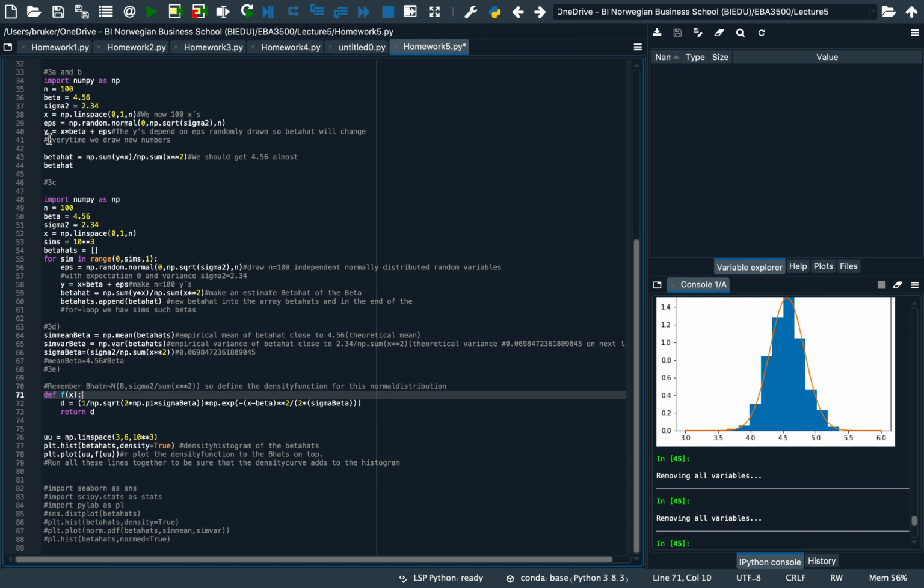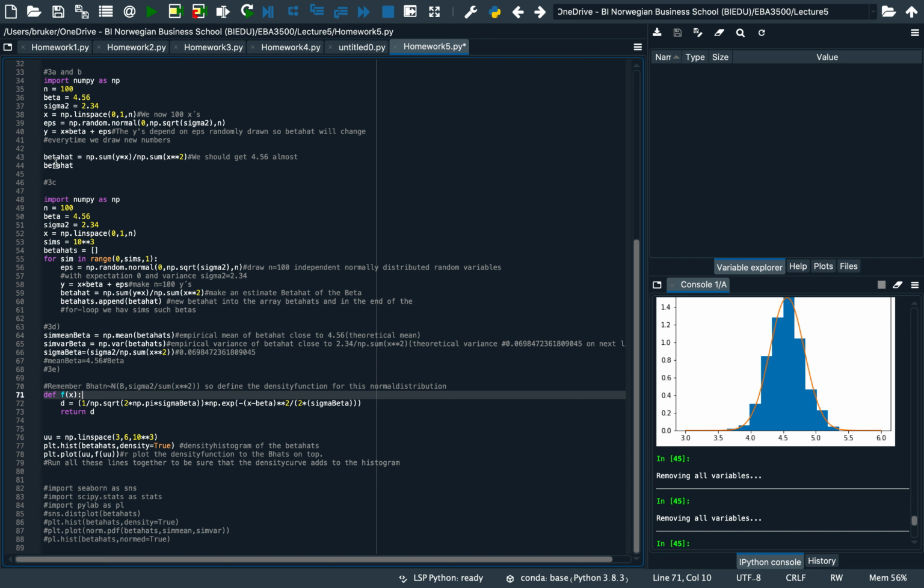And then we make the y's. We know that the y's are the x's times beta plus this randomness epsilon. And we get 100 y's because there are 100 elements in x. This beta is just multiplied into the x array, with each of the x's. Okay, so here we have the y's.